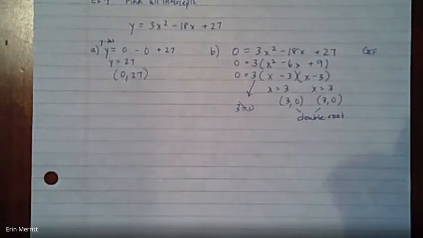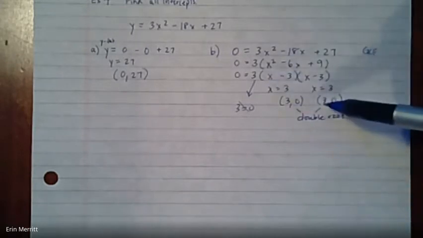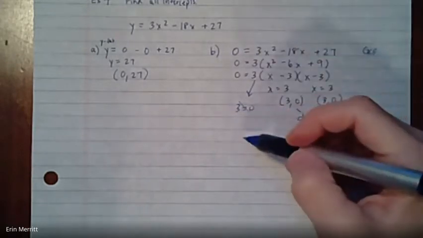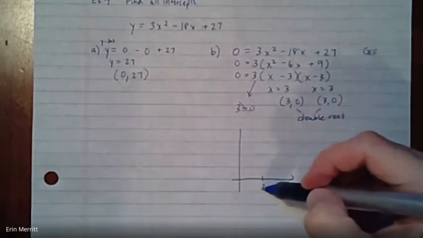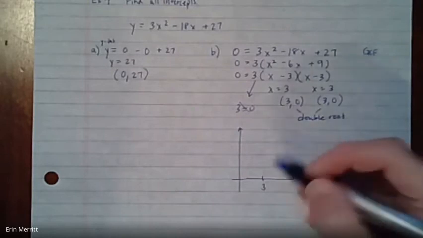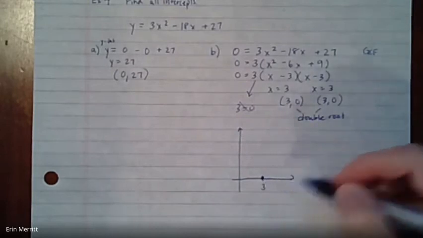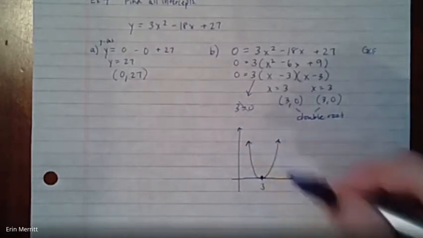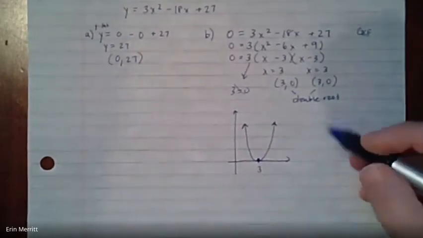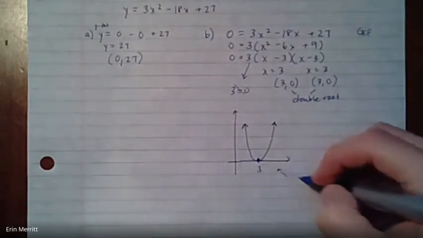But it's not going to affect the actual intercept itself. But if I sketch this guy, what you would see is that over at positive 3, if the graph hits there twice, it means it doesn't pass through the axis, and your parabola would look something like this, where it's just tangent to the x-axis.